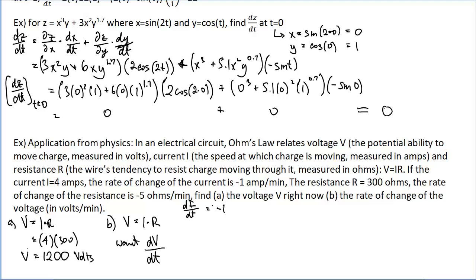So that's resistance per time, so we know that's dR/dt, and at this particular moment, that's -5. I should mention that that's not dR/dt as a function, that's dR/dt at this particular moment. Okay, so we've got those two facts. Let me just put them off to the side for a second.